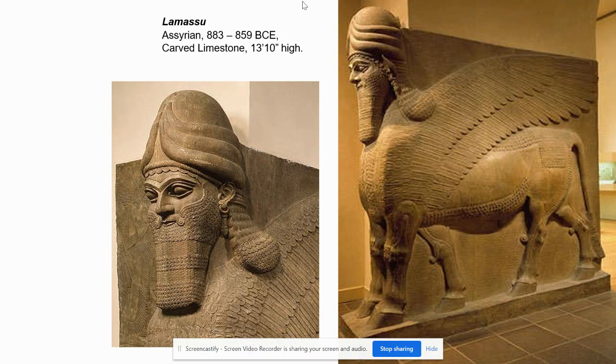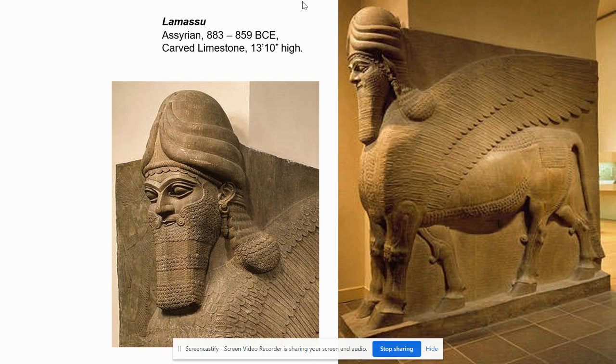And these were meant to be placed at the entrances to palaces and castles and cities. They are protective figures, and they are very much meant to scare you. You can't see the scaling on these, but they are quite tall. They are much taller than a human figure, and they would have originally been brightly painted, as most things in the ancient world.